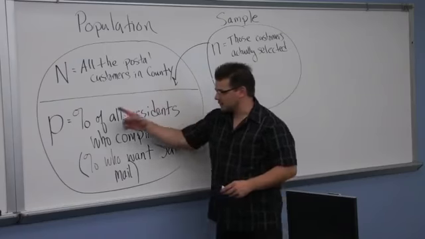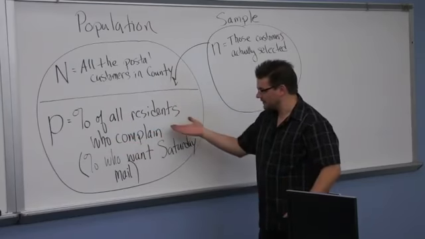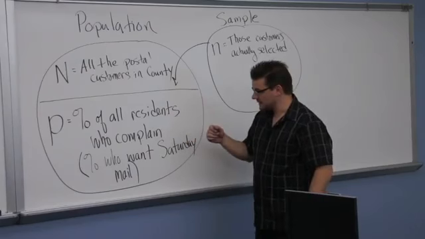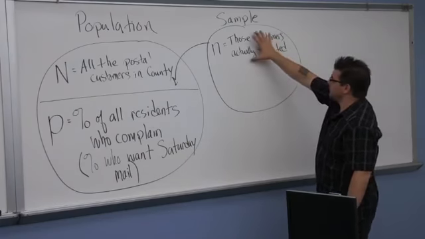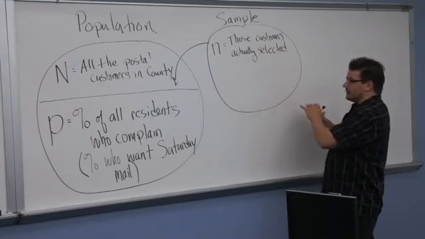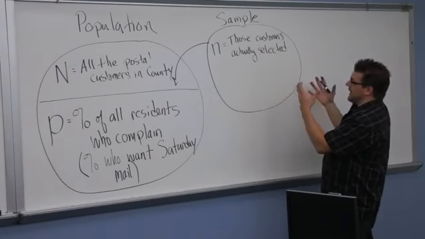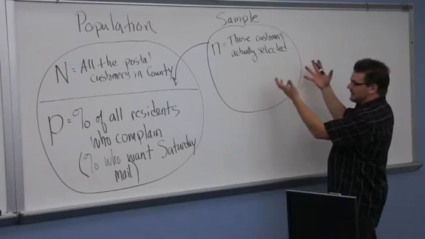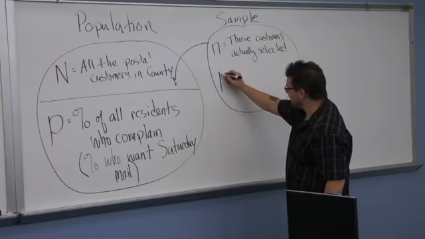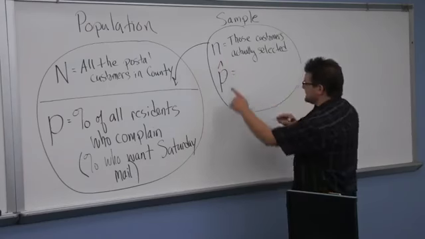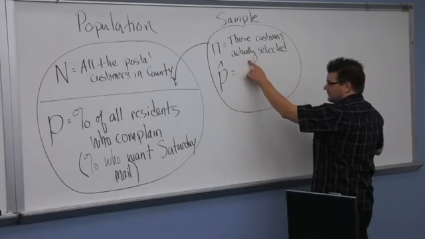But in this problem, we're told that they're going to wait by the phone and see who calls up to complain, where's my Saturday mail? Now, over to the sample. These are the folks that were picked from the neighborhoods that were picked. And I will be able to count up the number of complaints from the neighborhoods, right? We'll call that P with the hat on top. That's the percentage from the sample.